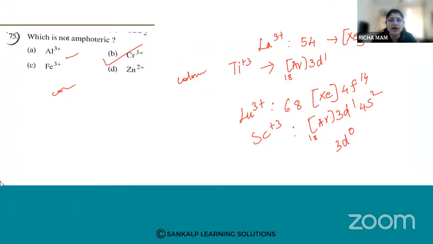Which is not amphoteric in nature? This is the last question. Option number C. The answer is Fe plus 3. Oxides of metals in their low oxidation states are generally basic in nature, whereas oxides of metals in their higher oxidation states are acidic in nature.